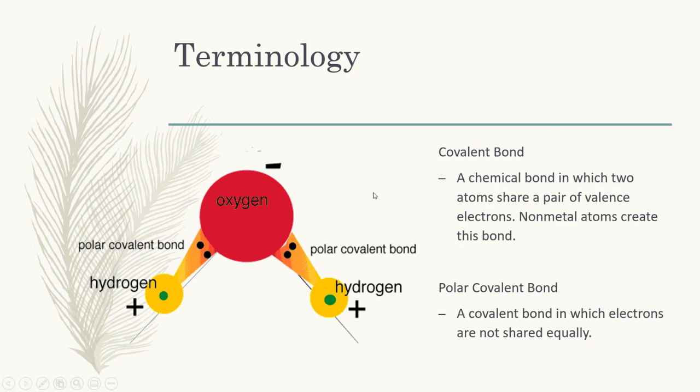For example, here we have water, and oxygen is actually pulling on the electrons more than the hydrogens, so that ends up with a negative charge more towards the oxygen and positive on the hydrogens. And when we start studying Lewis dot structures, we'll look at how you can tell if something is going to be polar covalent bonded or just regularly covalently bonded.